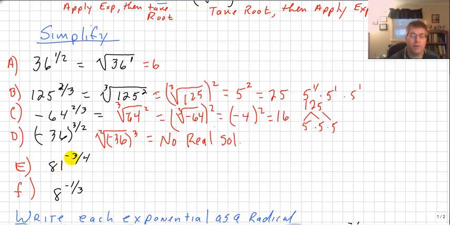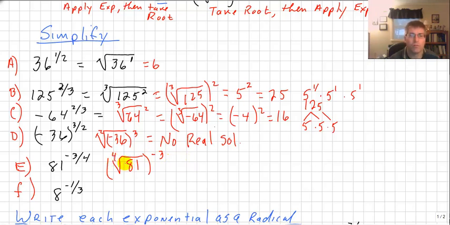81 to the negative 3/4. Now this is not a negative number. Remember, this is a negative exponent. We're looking at power over root, so this will be the 4th root of 81 all raised to the negative 3 power.